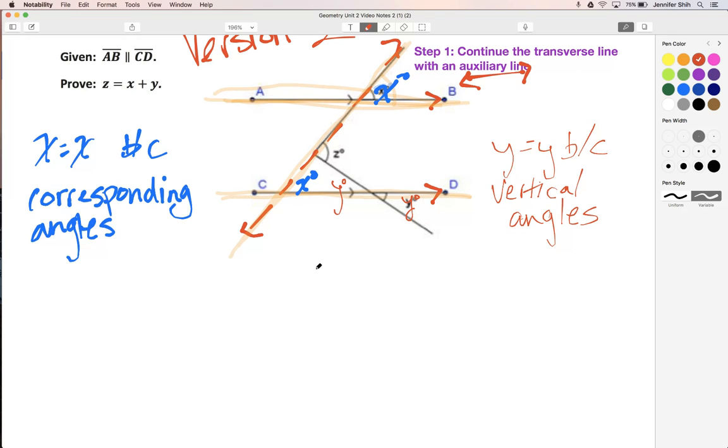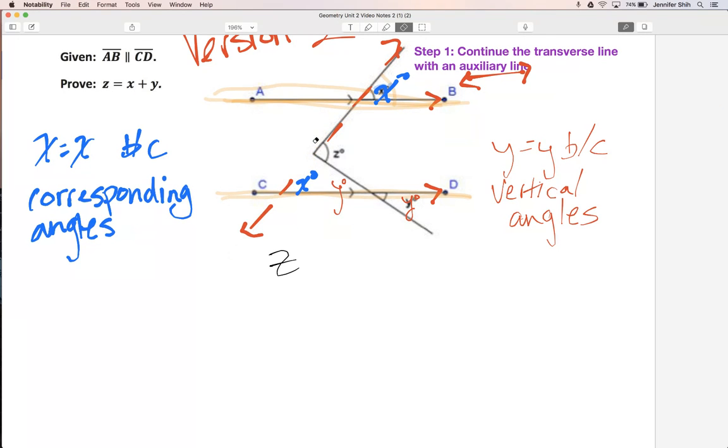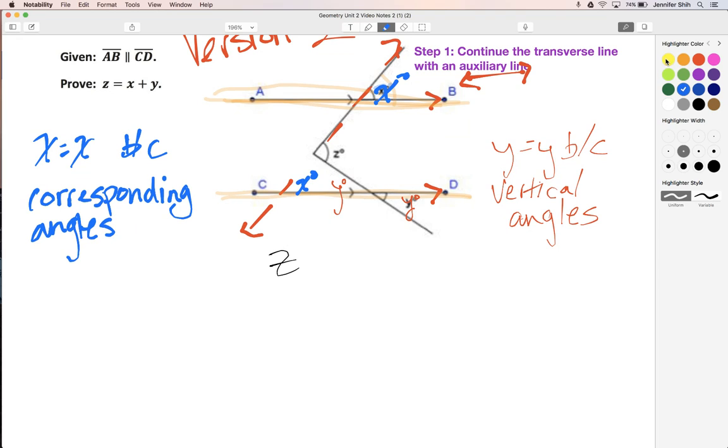Good thing in example 1, we learned the exterior angle theorem, where angle Z, let me highlight a new line here. Let me see if I can get rid of this orange line. Oh, I got rid of too much. Okay. Let's highlight this. Oh, pink.